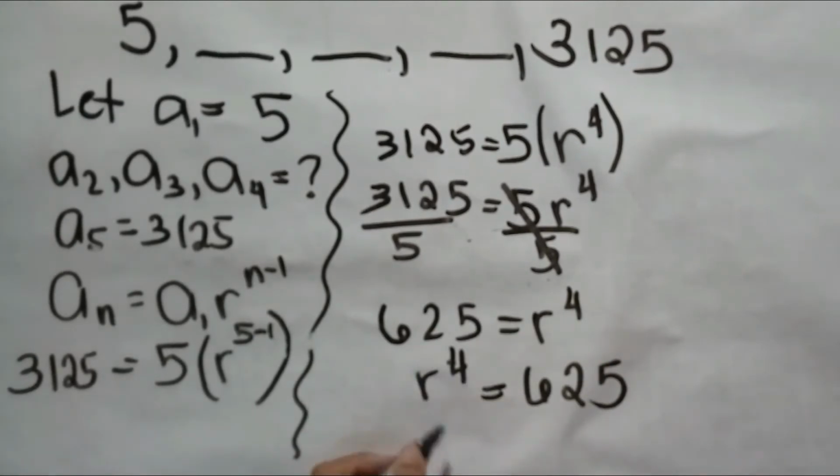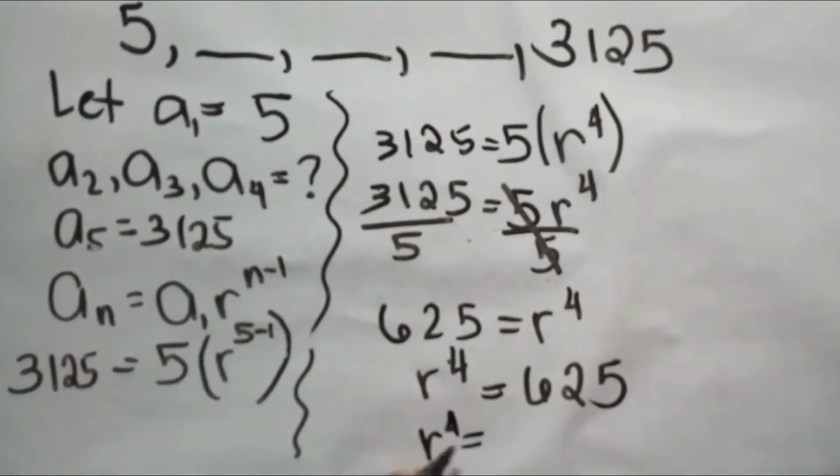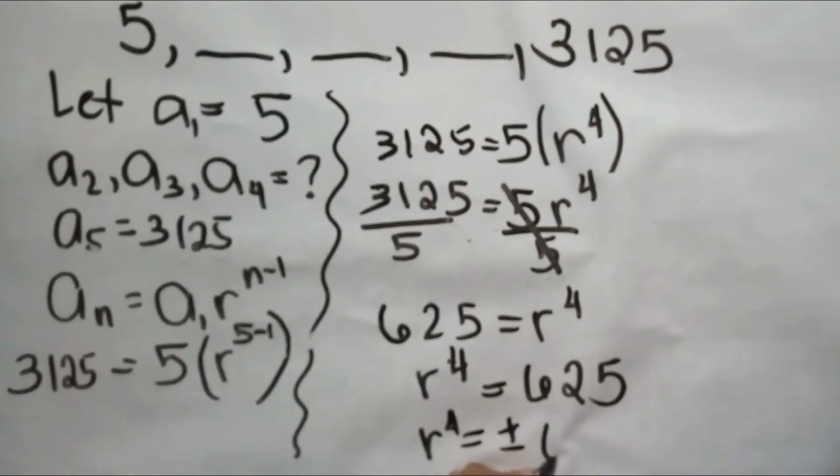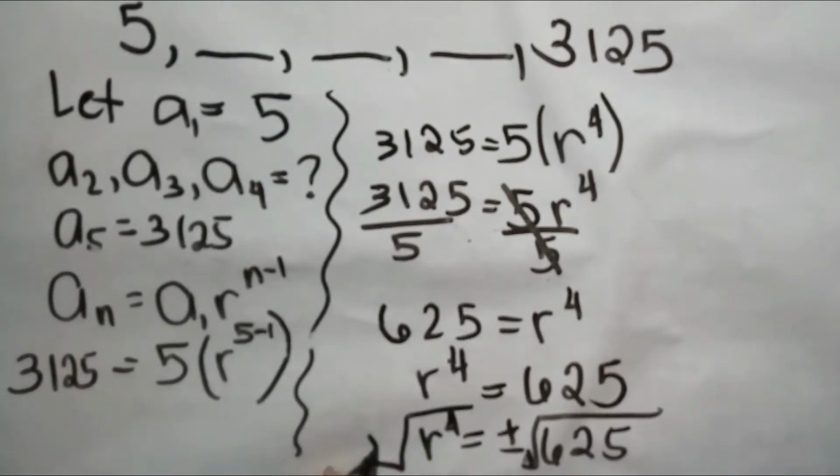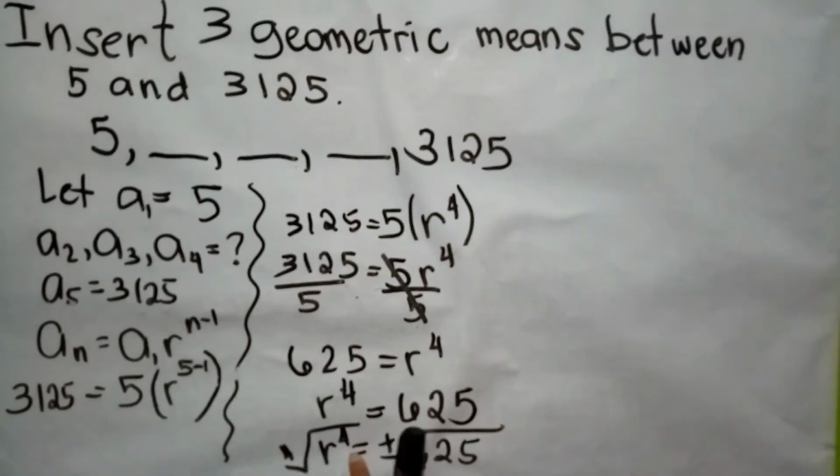So let's get the fourth root. r is equal to positive and negative fourth root of 625, where 4 is the index because it is the fourth root.